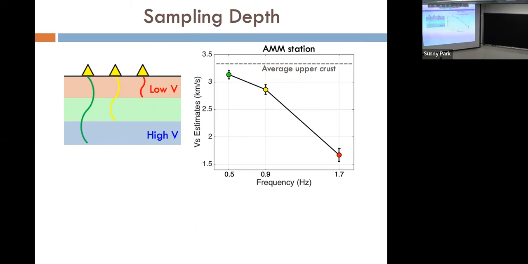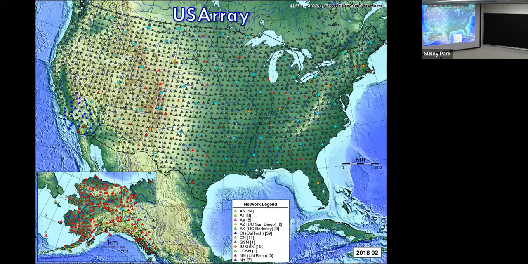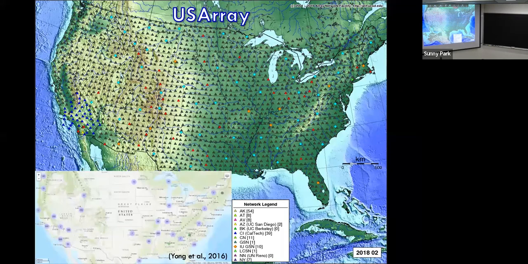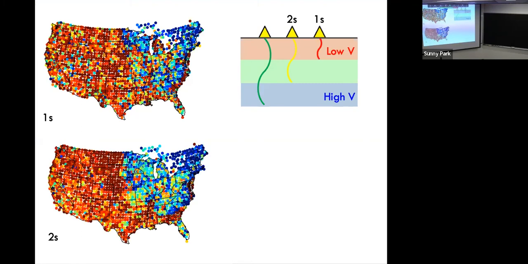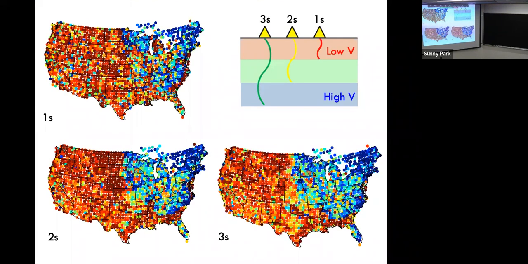Another really great data set to do these things, the broadband data, is actually USArray that's covering the whole US. So this is a really good chance for us now to fill in those gaps we talked about earlier. This is actually a preliminary result. This is the result for the 1 second wave, and I can go down to lower frequencies, the 2-second and 3-second period.